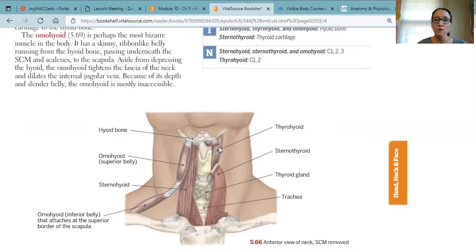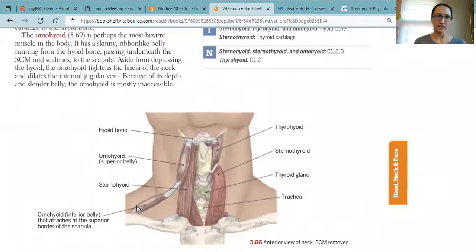You have thyrohyoid, which attaches to the thyroid cartilage. You have sternothyroid, which attaches from the sternum to the thyroid cartilage. You have omohyoid. Omohyoid is one of the weirdest muscles in the body because it has an attachment on the hyoid, then it has a little muscle belly, then it turns into tendon and is actually held in place with a tendinous sling, though they're not showing it here.